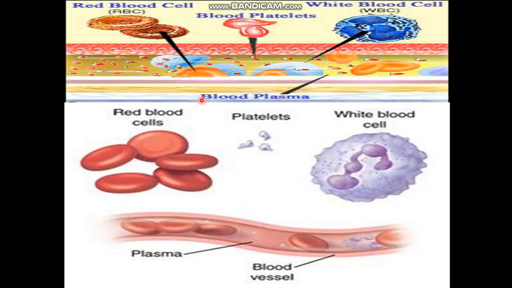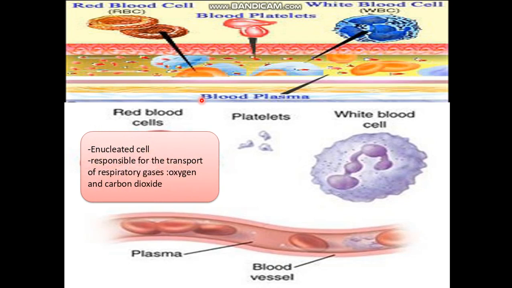We said that red blood cells don't have a nucleus, they are huge in number, and they are responsible for the transport of the respiratory gases, oxygen and carbon dioxide.